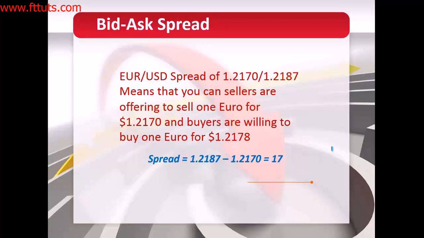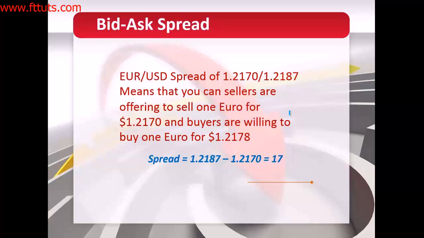So let's talk a little bit about a Euro US dollar spread of 1.2170 to 1.2187. That means that the sellers are willing to offer to sell €1 for $1.2170. And we go to the fourth decimal.